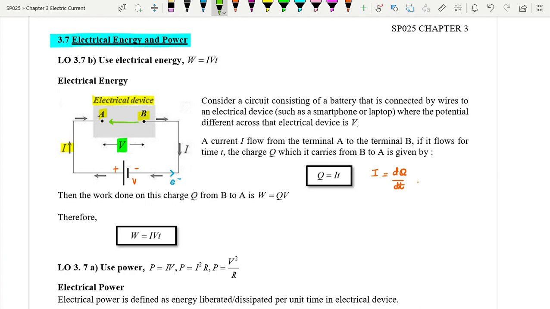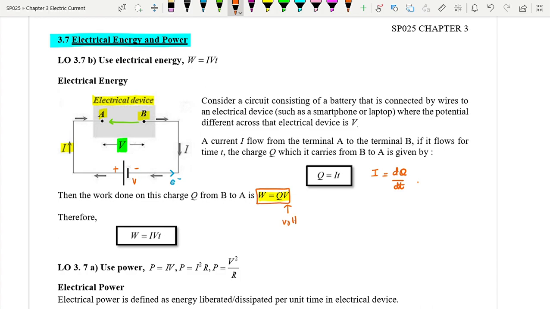So it requires work. The formula from chapter 1, work done equals QV, or from the formula of electric potential, V equals work done to move a test charge, work done over Q. It is the same formula. So from this formula, to move a charge from point B to point A, we need this amount of work done that relates with the voltage of the battery.